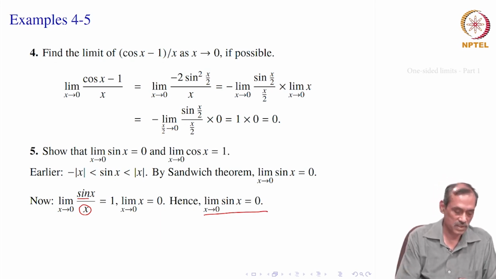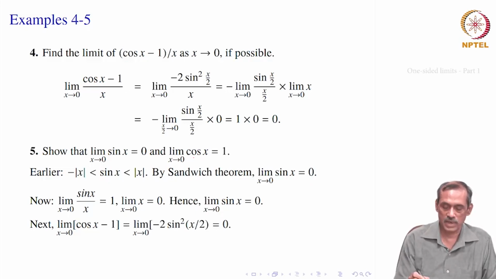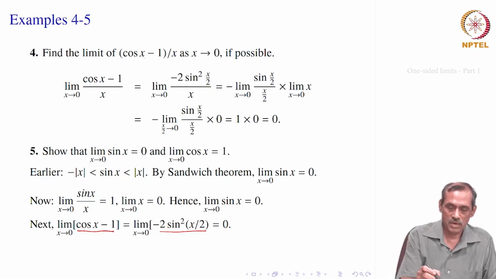Similarly, for cos x, earlier we had a different way of handling cos x minus 1 or 1 minus cos x, where we bound it from the left and right. But now we can use sin x by x, which says cos x minus 1 is minus 2 sine square x by 2. That goes to 0, as you see from the earlier one. Also, you can use the fourth one.